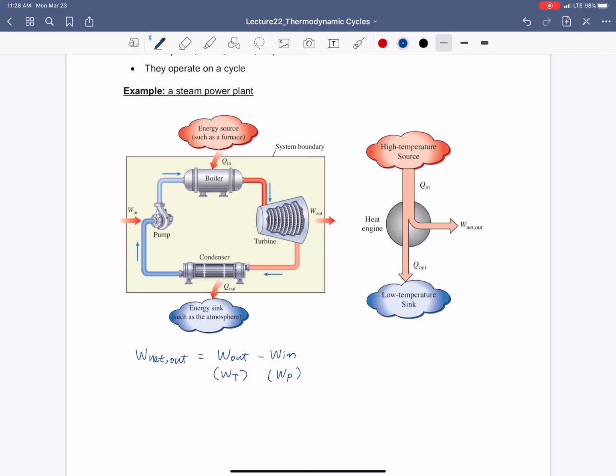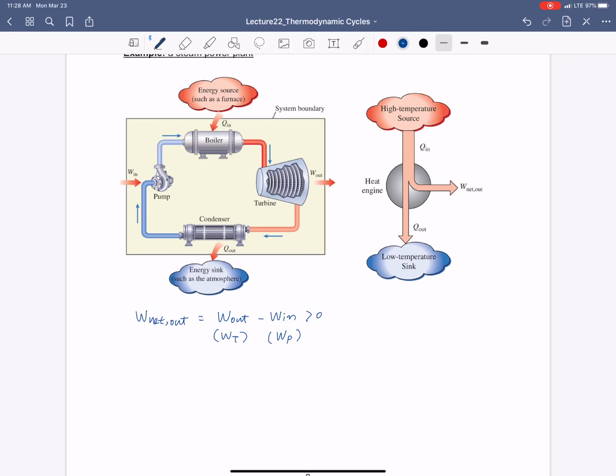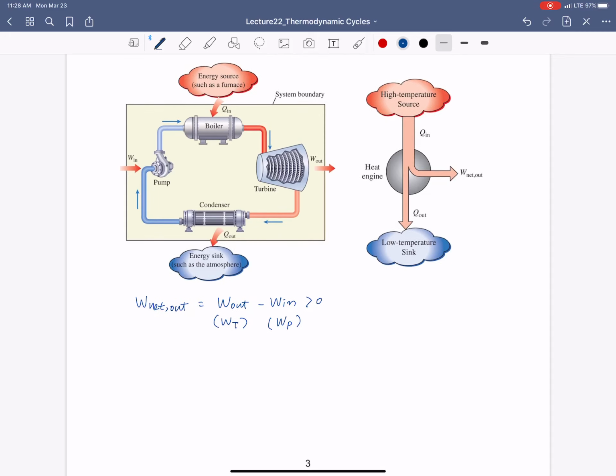And we always want this to be positive, otherwise there's no reason that we should run a steam power plant, because the more we run it, the more money we spend for nothing. But at the same time, this steam power plant should have certain heat input from the heat source, and we reject heat out from the steam power plant to the heat sink.